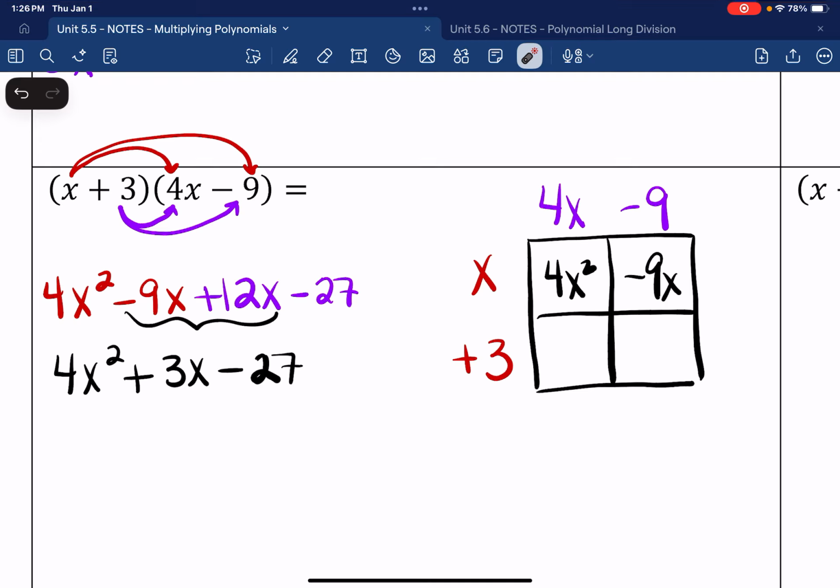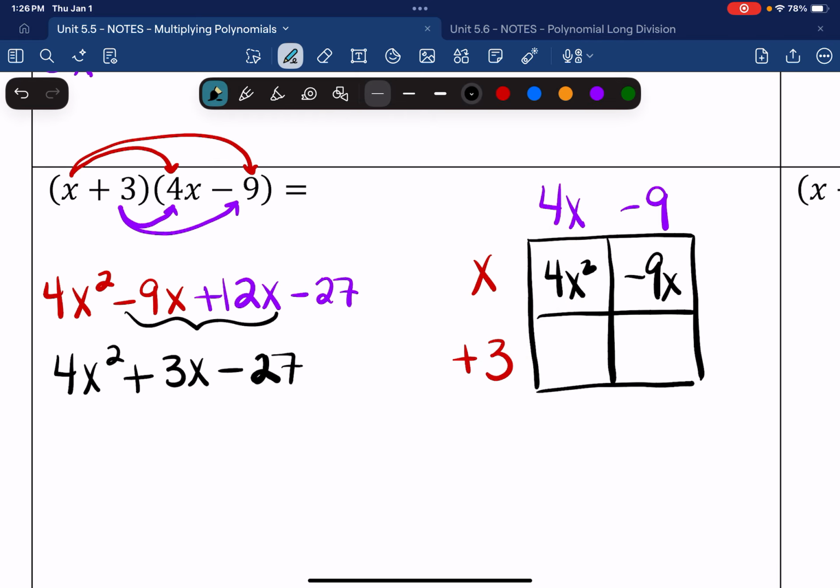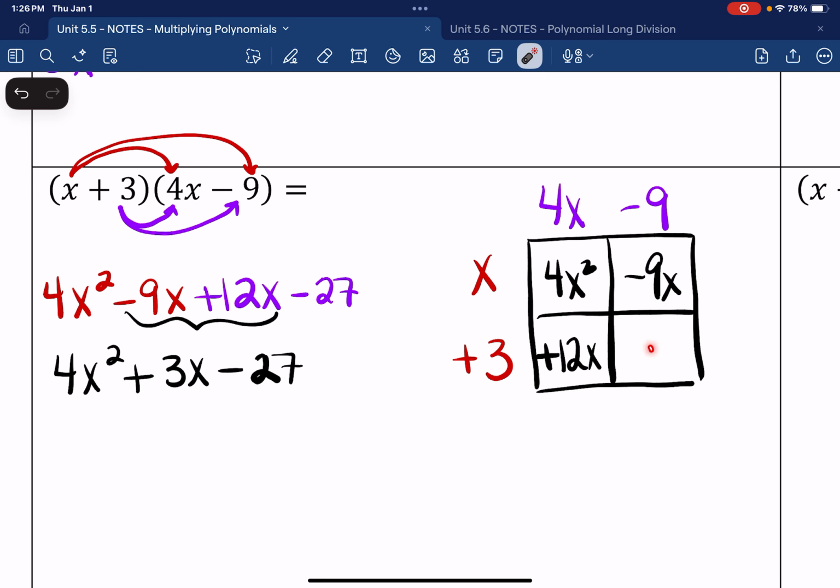All right, this box right here, we look up and to the left. 4x times 3 gives us a positive 12x. And I always make sure to put the sign inside the box, just so I remember it's a plus sign, it's a positive. And then the last box right here in the lower right corner, negative 9 times 3, that gives us our minus 27.